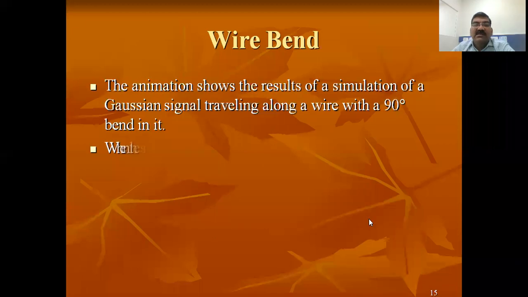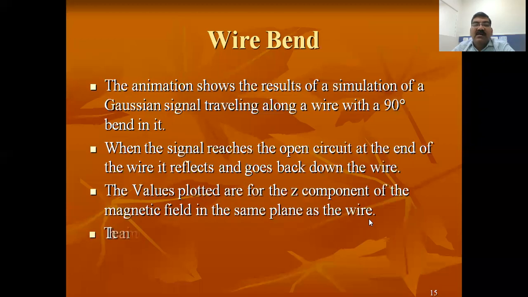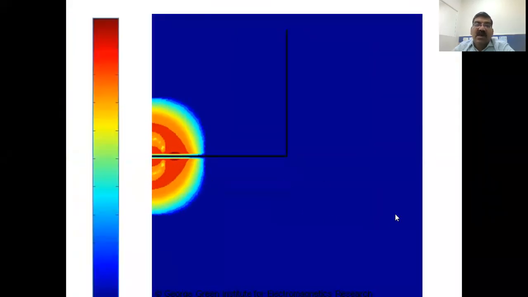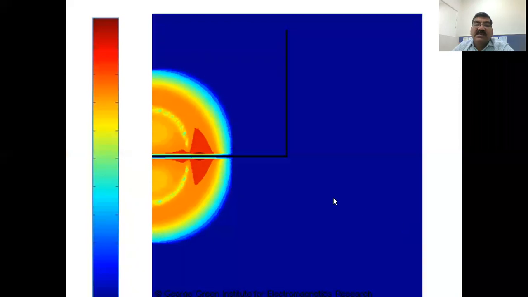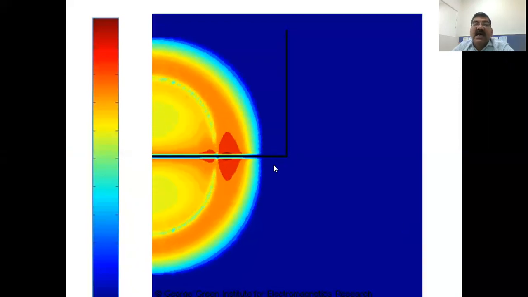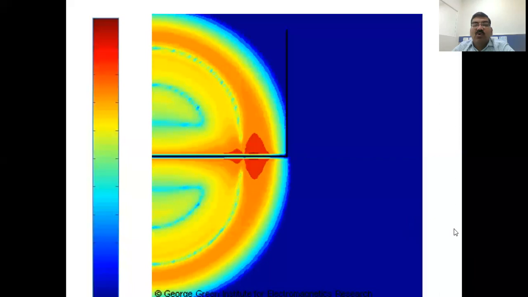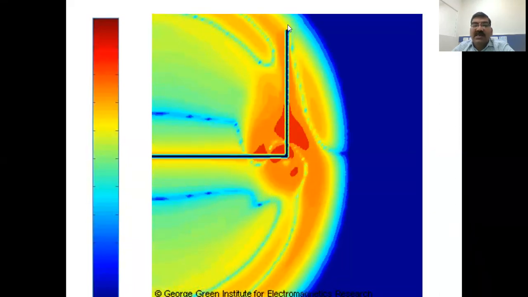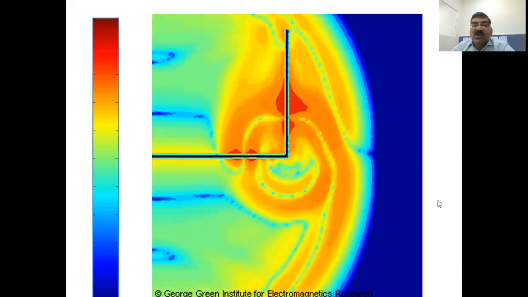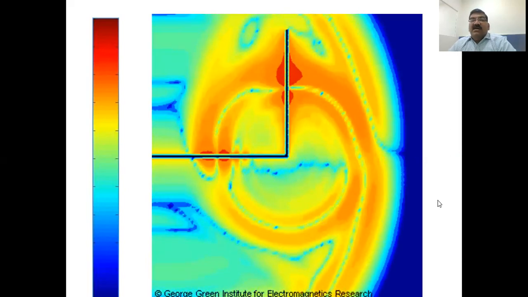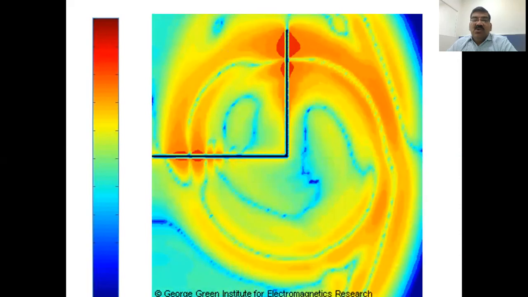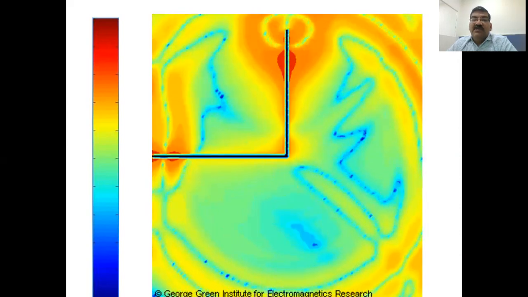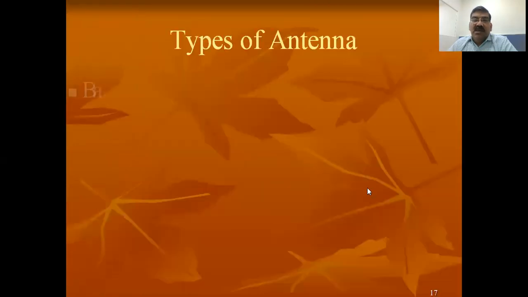I have taken the example of a wire bend, and here you can have radiation. At the bend the radiation is more. The electric field intensity has been shown accordingly. The animation helps us understand the radiation, and accordingly we can go further.